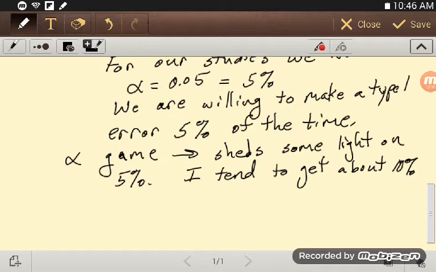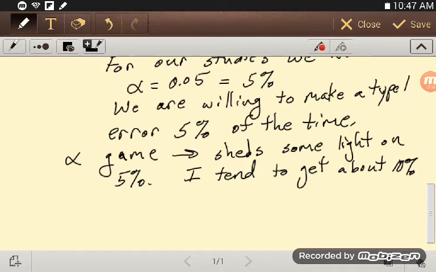That's not exactly true as to what that alpha game is doing, but it gives us some idea. So for me, when I look at those scatter plots in the alpha game and decide whether there's a trend or not, I tend to pick the ones that are at the 10% threshold and smaller.